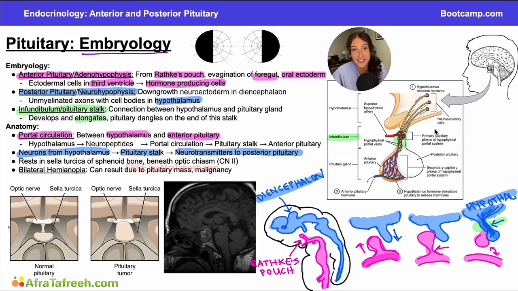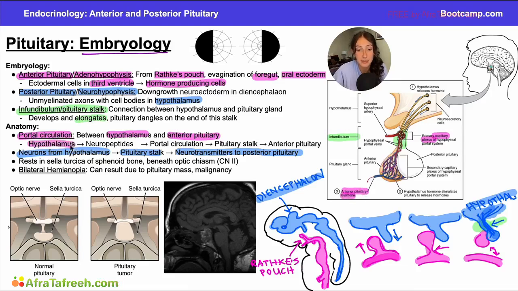Well, if you look over here on this diagram, you can see that there is this capillary plexus that is connecting our hypothalamus and our anterior pituitary. So essentially, there are these arteries that are going to be picking up all of the hormones that are released by the hypothalamus, carrying them down, and then communicating through these capillary beds with the anterior pituitary.